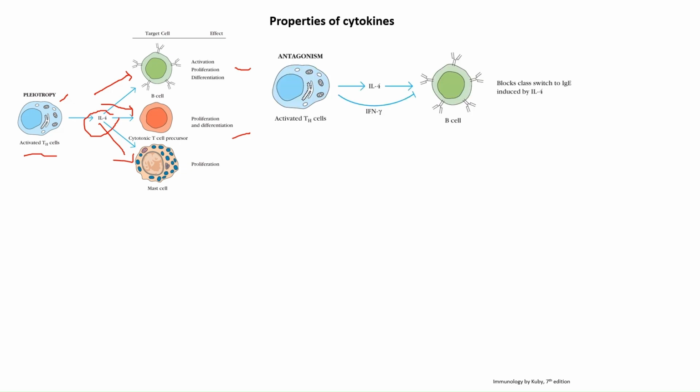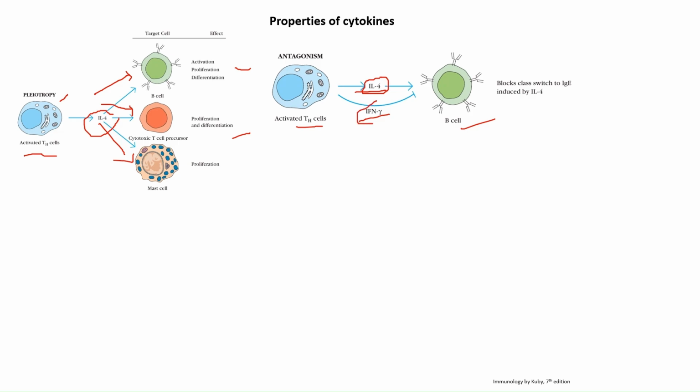Now the second property is antagonism. So here also one particular cell is secreting a cytokine, interleukin 4, which helps in the activation of B cells. The same cell releases another cytokine which helps in the blockage of the class switching, the process or the effect of interleukin 4, that is differentiation.